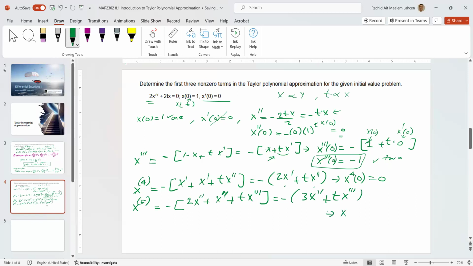All right, so what is the fifth derivative at 0? x double prime, we found, is 0. x triple prime is negative 1, but t is 0. So when you plug that in, it's just 0. All right, not useful. Keep going.